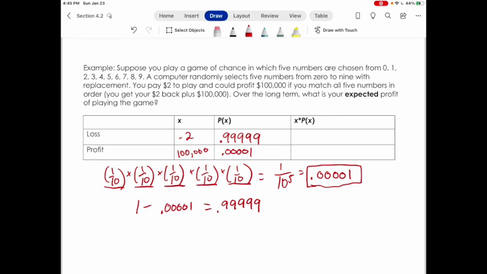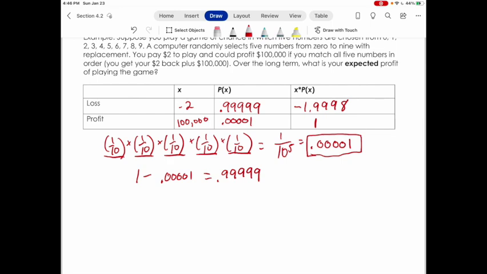Now, in order to find the expected value, I have to multiply the values of my variable with the corresponding probabilities. So if I take -2 times 0.99999, that's going to give me -1.9998. And if I take 100,000 times 0.00001, that gives me 1.